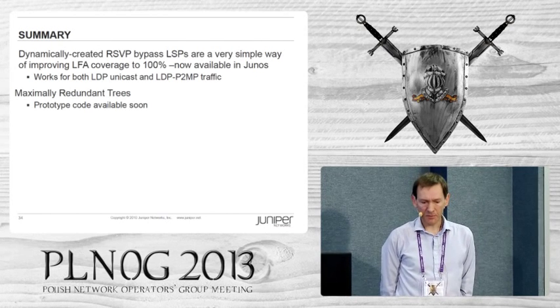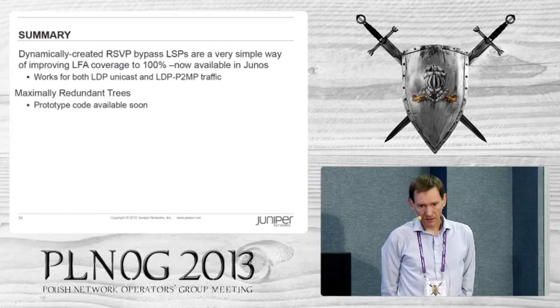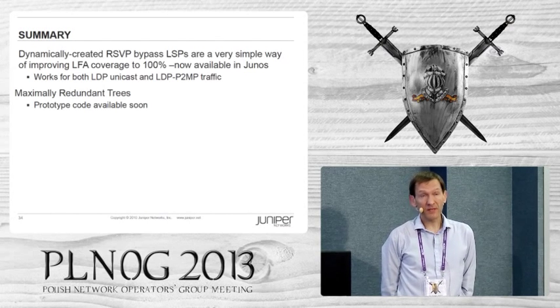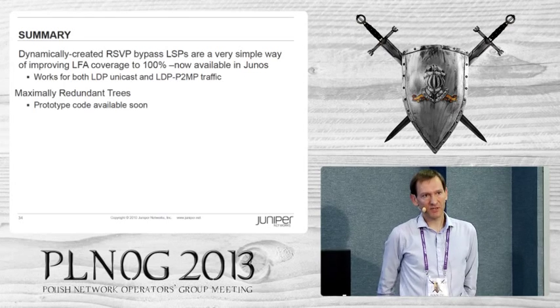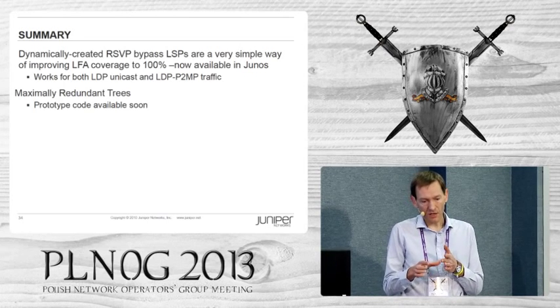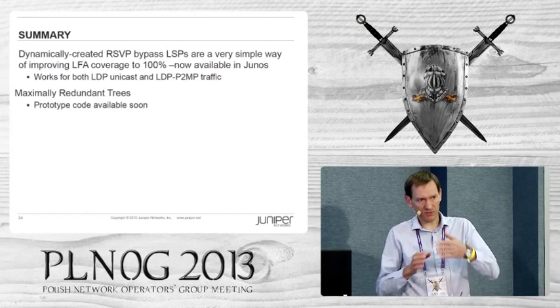No, it should be okay. With the RSVP LSPs, basically, for each link you're protecting in the topology, if you had no LFA coverage whatsoever, then the worst case would be that you'd need an LSP per link, per direction, because the LSPs are unidirectional.